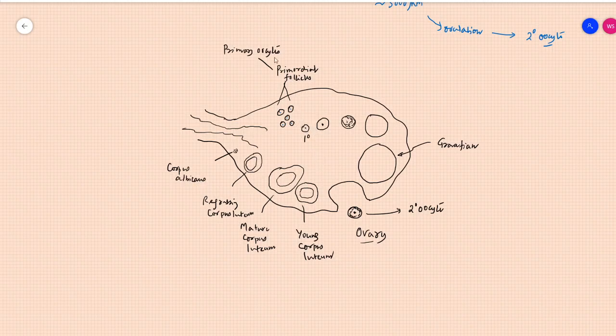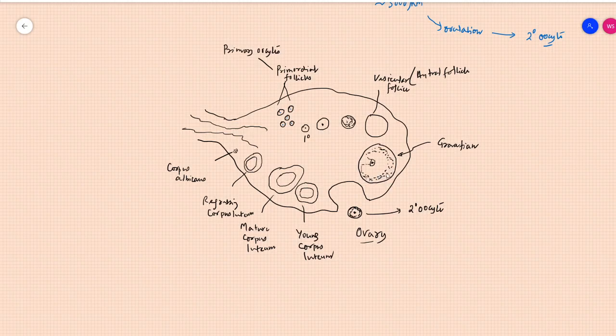Okay, so we have primordial follicles, we have this is a vesicular follicle. That's also called an antral follicle. Okay. Antral follicle. And this, we said, is a Graafian follicle. So that will be, and this will all be cells, and that would be the vacuole.